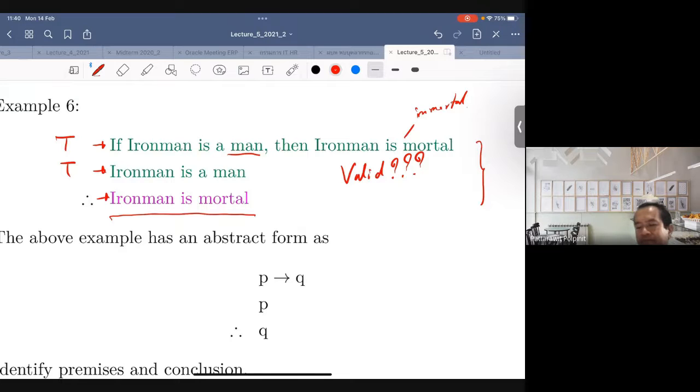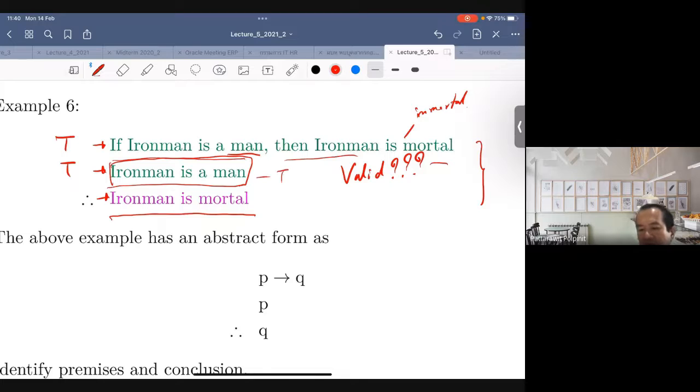How can we do that? If you look closely, Iron Man is a man, that's true, and if Iron Man is a man then Iron Man is mortal, that's true as well.